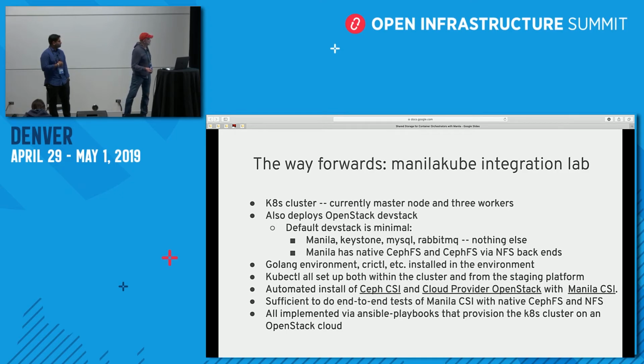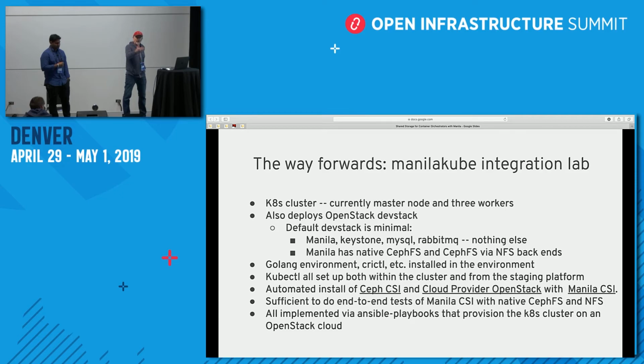So it deploys the Ceph CSI driver, it deploys cloud provider OpenStack, which is the framework in which Manila CSI fits. So that's all automated deployment, so we can push a button and get it up and running. It'll deploy his latest version of the PR, so we can keep up to date.